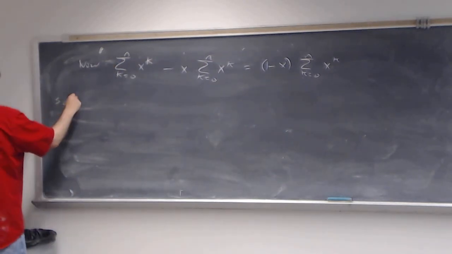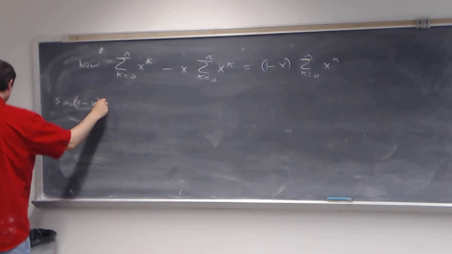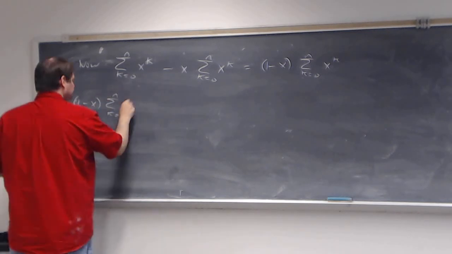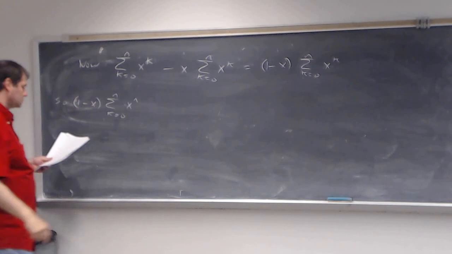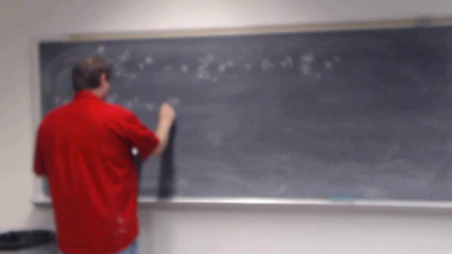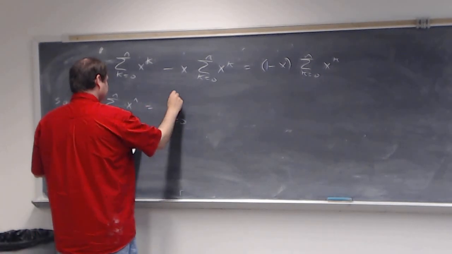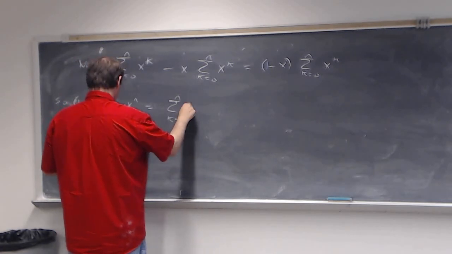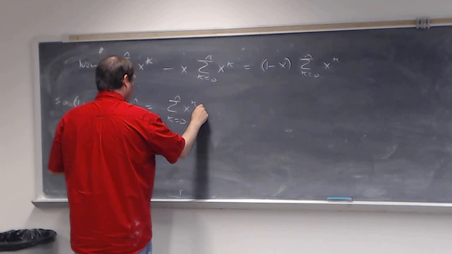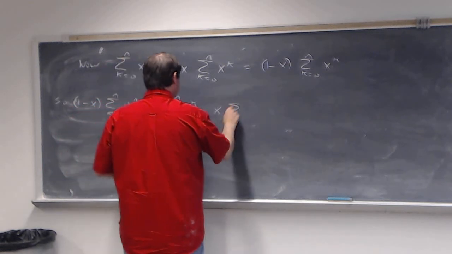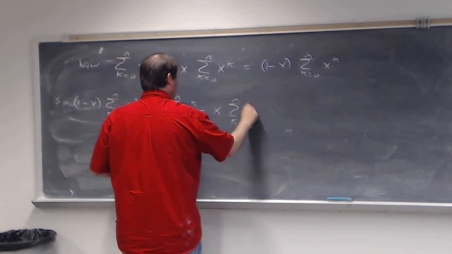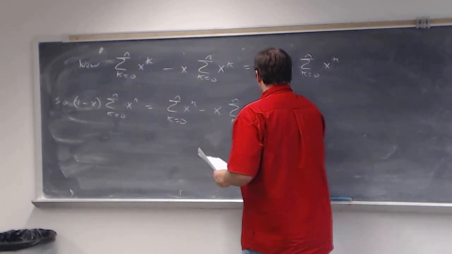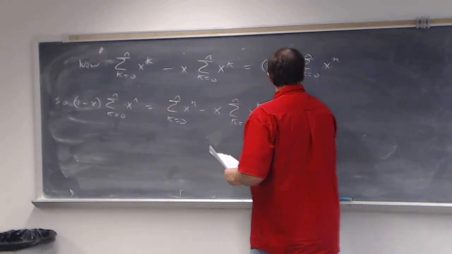So what we'll say is 1 minus x times the sum is equal to the sum as k runs from 0 to n of x to the k minus x times this sum as k runs from 0 to n of x to the k. Rewriting this first, and now I'm going to expand this.